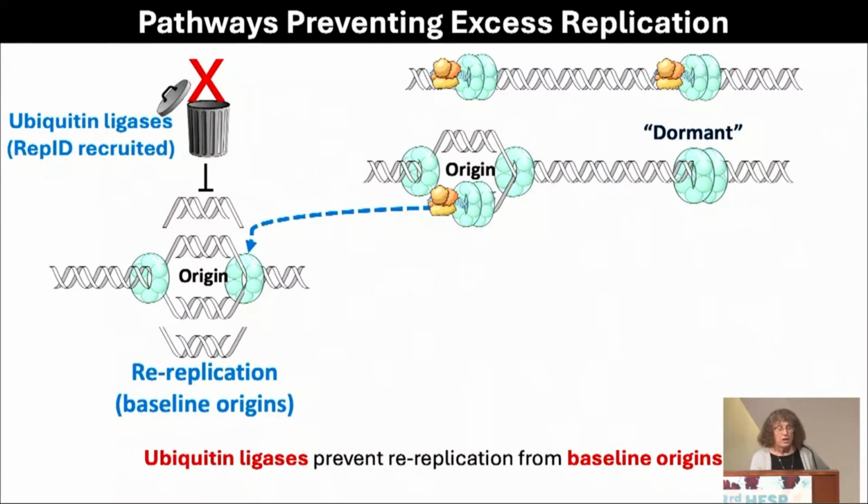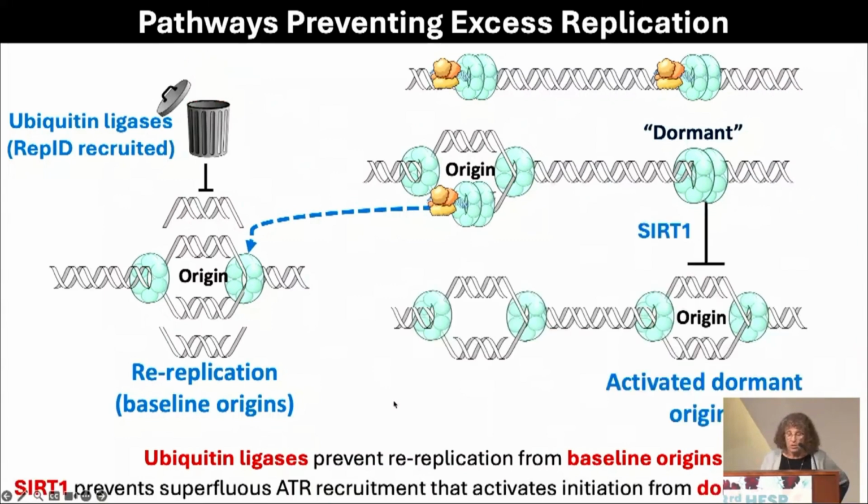The first pathway involved ubiquitin ligases, and ubiquitin ligases are preventing the whole replication complex from binding to DNA post-replication, and hence they prevent initiation of DNA replication on DNA that had already replicated, so preventing re-replication on the baseline origins.